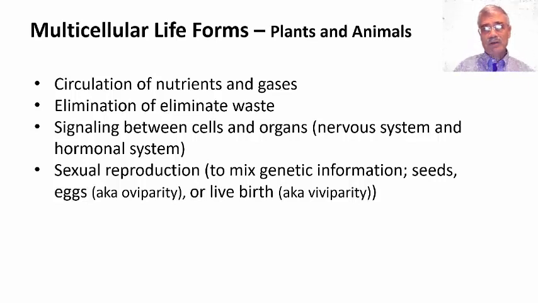And we will see that here we generally have sexual reproduction, which involves a mixing of genetic information between the parents. And this can involve production of seeds or eggs. The production of eggs is known as oviparity, or live birth, which is what we're familiar with in humans, which is also known as viviparity.